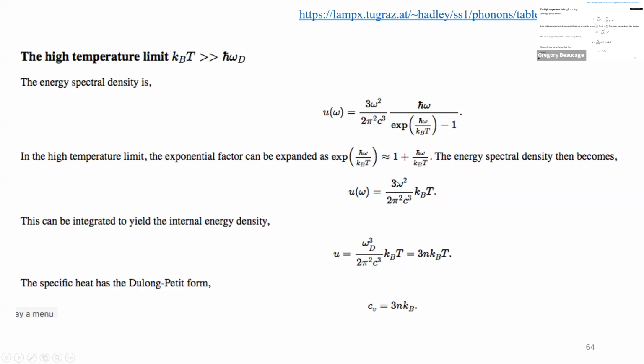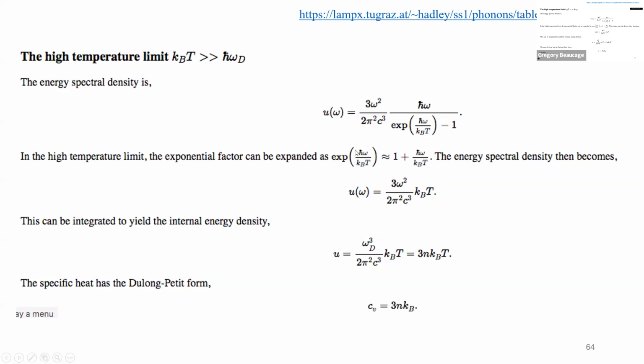So I think that's partly why this is here, to show you that you get the Dulong-Petit result: the molar heat capacity is 3R at high temperature. But on the way to that, you get the quadratic equation of energy and frequency, which he mentions in the paper. So where does that come from? The exponential of a small number, smaller than 1, can be expanded as a power series: 1 plus x plus x squared over 2 plus x cubed over 3 factorial plus x to the fourth over 4 factorial.